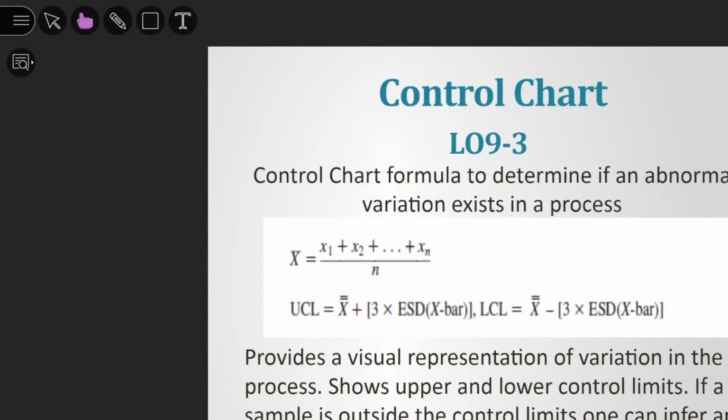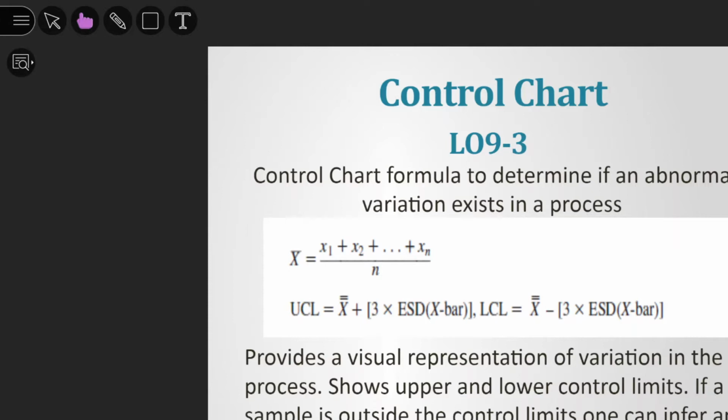The 3 is the same 3 that we used when we were working with the capability index, if you recall. In the capability index, we had what we called a 3 sigma process, and this is very similar.